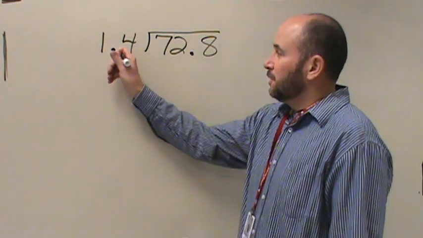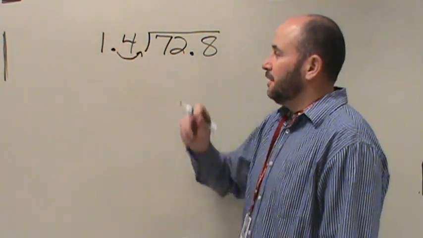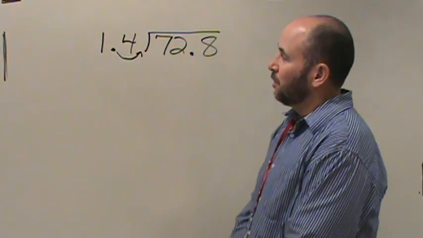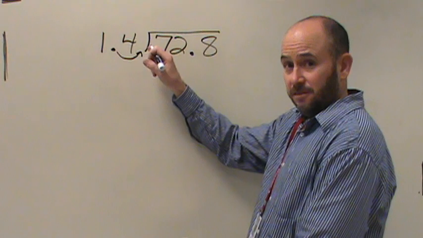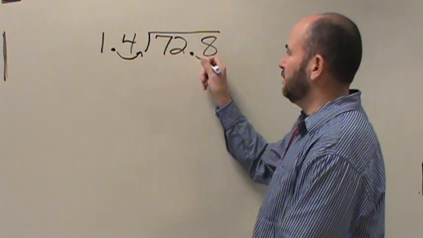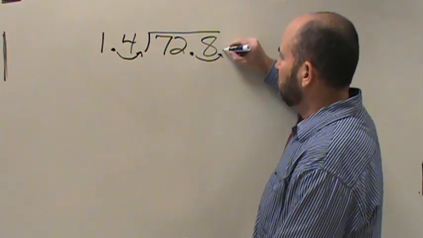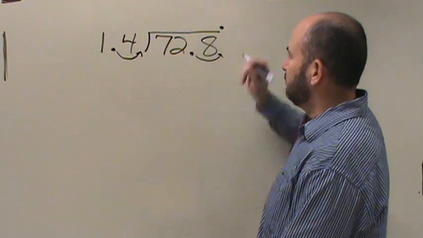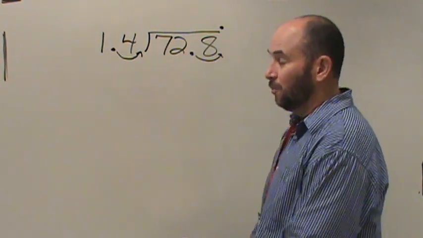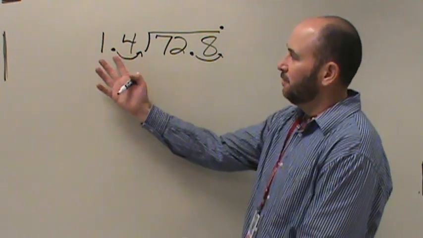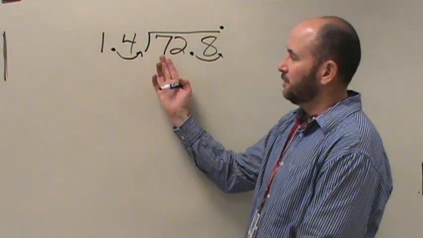Start by moving your decimal point in your divisor to make a whole number, which would give you 14. If you move it in your divisor, you're then going to move it in your dividend. Take it straight up, and now you're ready to divide as if it were a normal division problem with whole numbers.